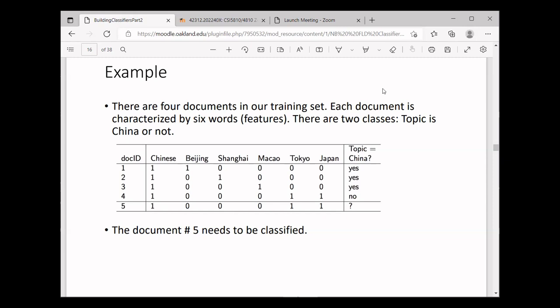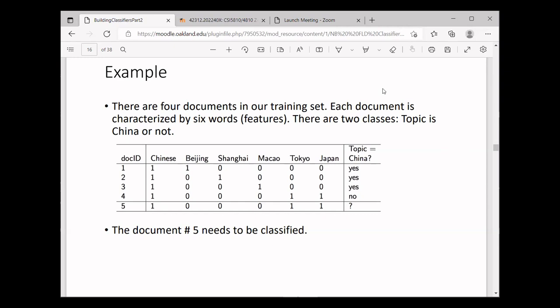The first document has the word Chinese in it, and that word is present once. It has the word Beijing in it. Shanghai is not present. Macau is not present. Tokyo is not present. Japan is not present. And then the final column is telling you the class label, because these are training examples.